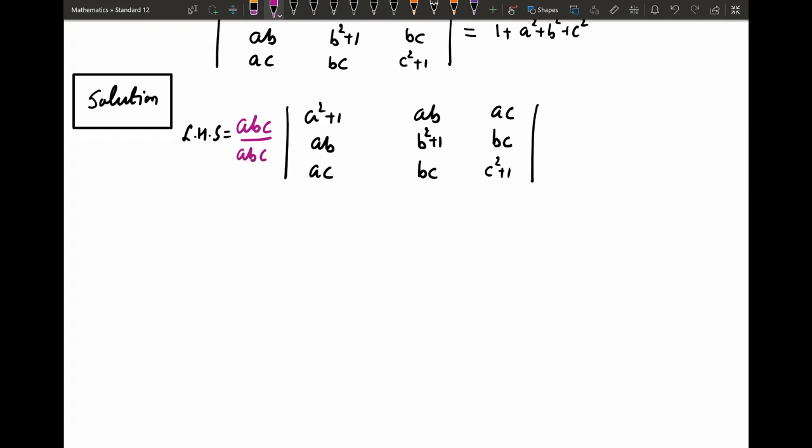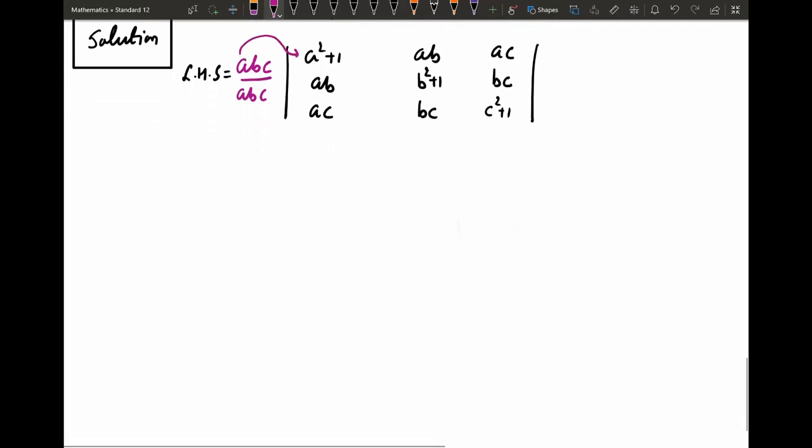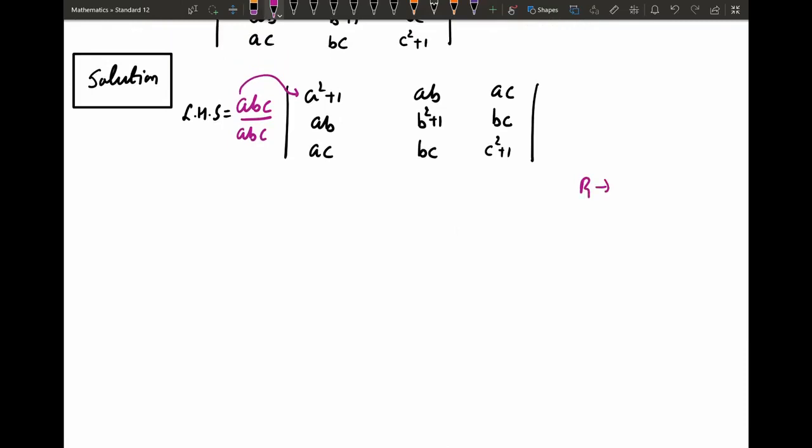Now this ABC we multiply into the rows. So we perform R1 to A times R1; the first row we will multiply by A, the second row by B, and the third row by C. And after it we will take ABC common from the columns. First we multiplied by A, B, C respectively to the first, second and third row, and after it from the first, second and third column we will take A, B, C common.